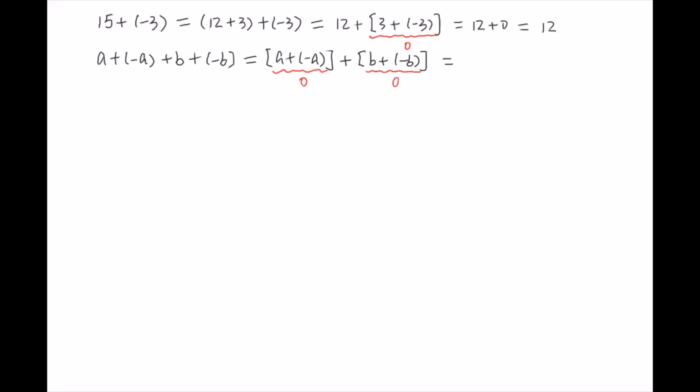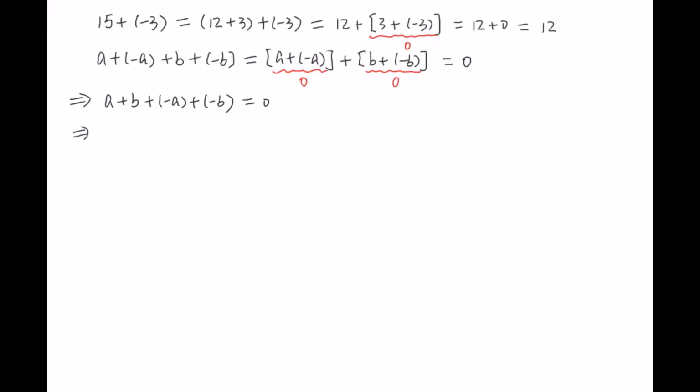So the result is 0. By using the commutative property of addition, the left side of this equation is a plus b plus negative a plus negative b. We just change the position of these terms. The result should remain unchanged. It's 0.